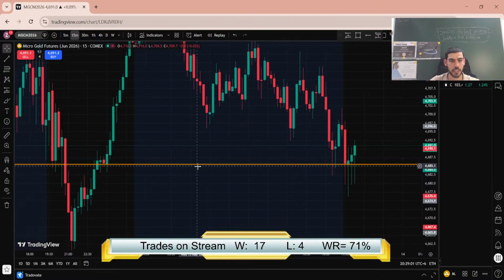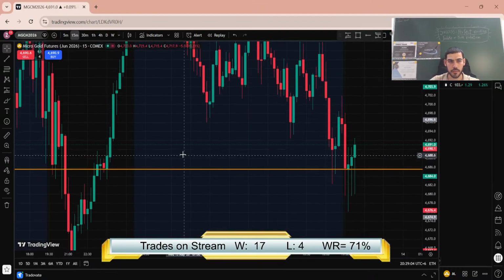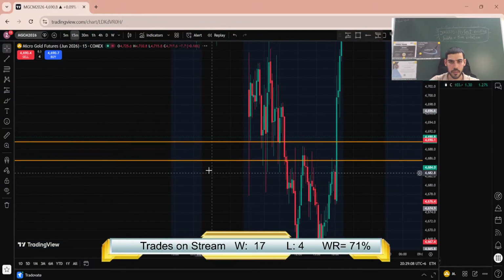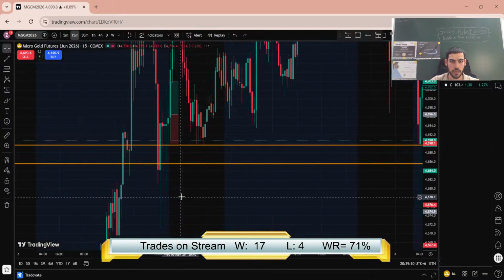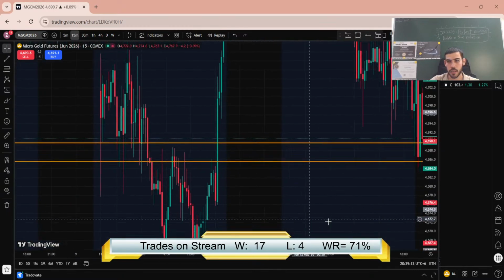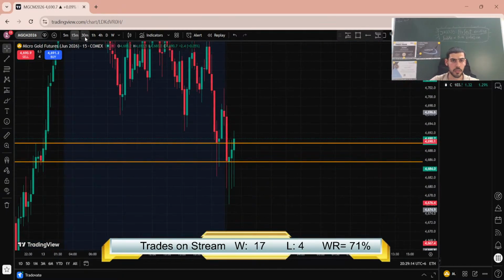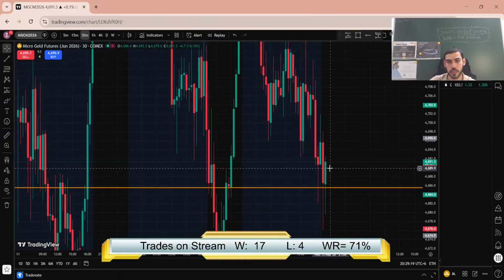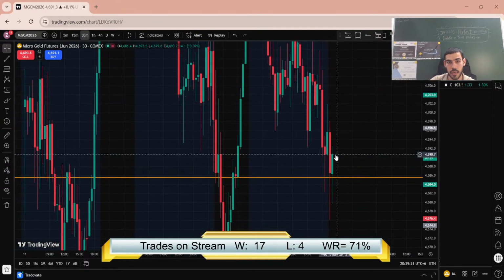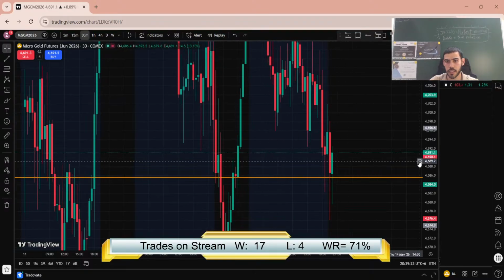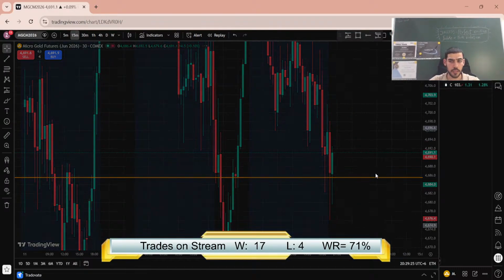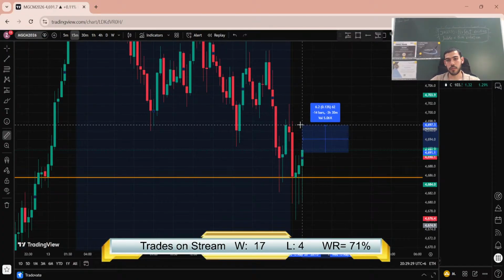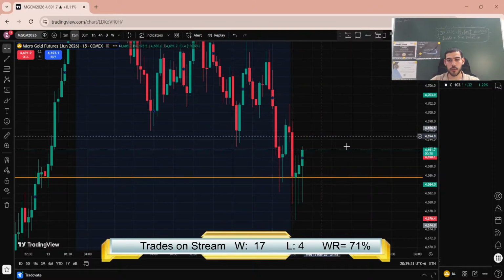Look how many rejections there are. That's very interesting. If price closes above this area right there, I will be looking for buys on the 30-minute time frame, because this 30-minute looks like it is going to close a healthy candle. Look at that candle. Probably targeting this resistance area to the left hand side.